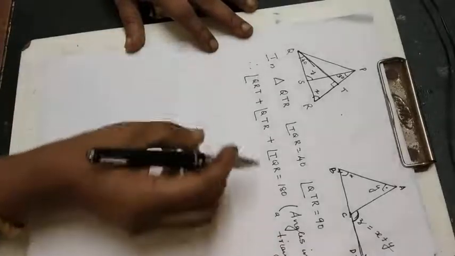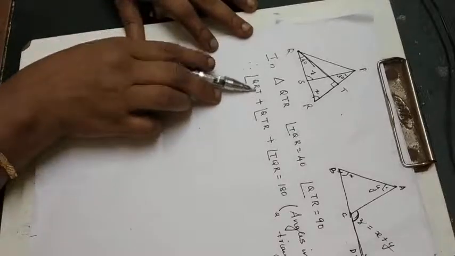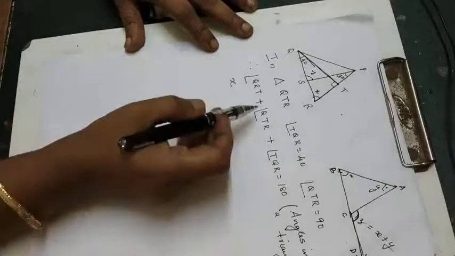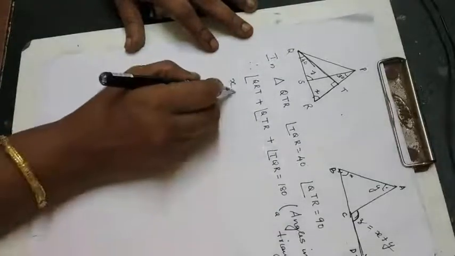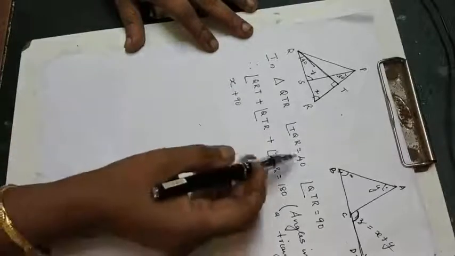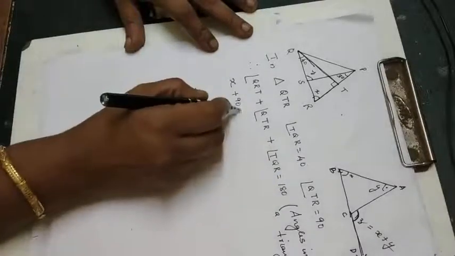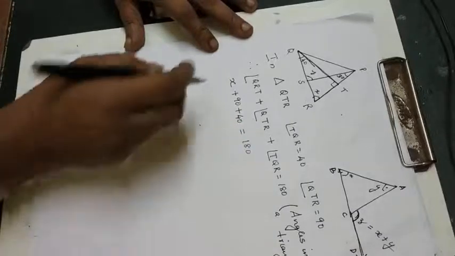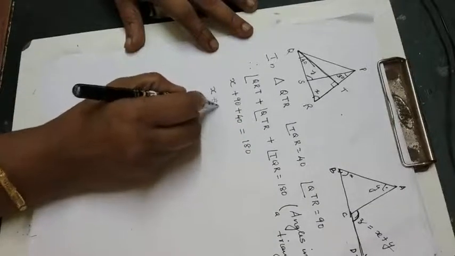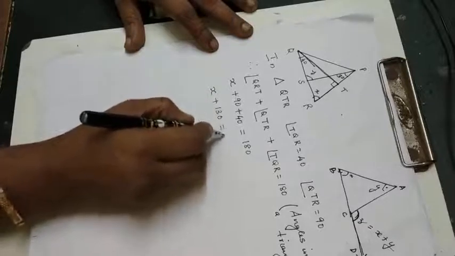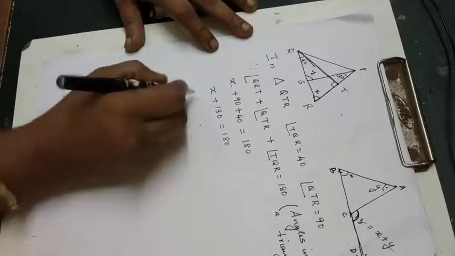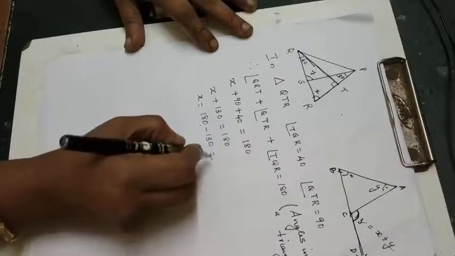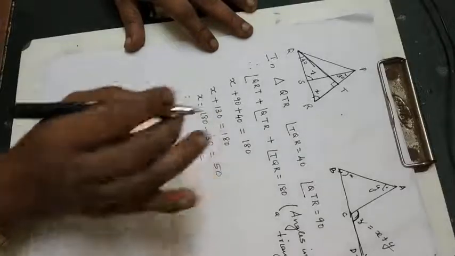Okay, so QRT, what is QRT? That is our X. X plus QTR, which is 90, plus TQR, which is 40, is equal to 180, or X plus 130 is equal to 180, or X is equal to 180 minus 130, that is equal to 50.